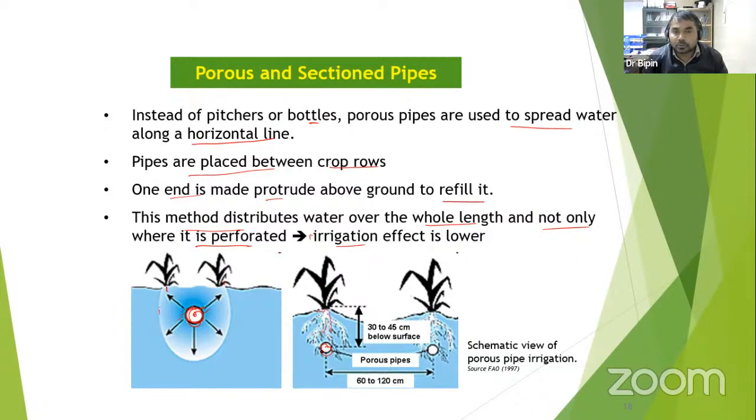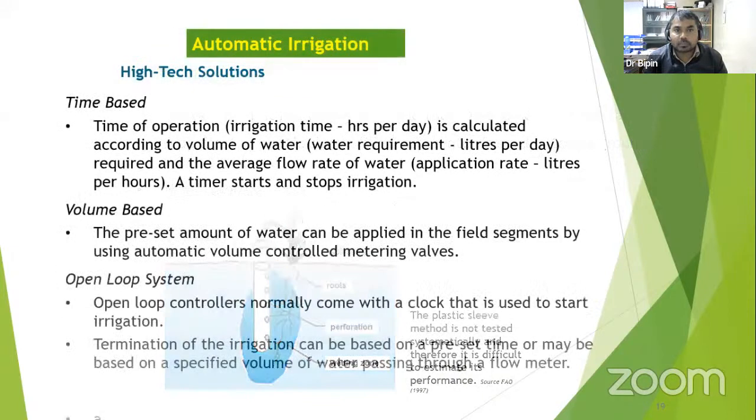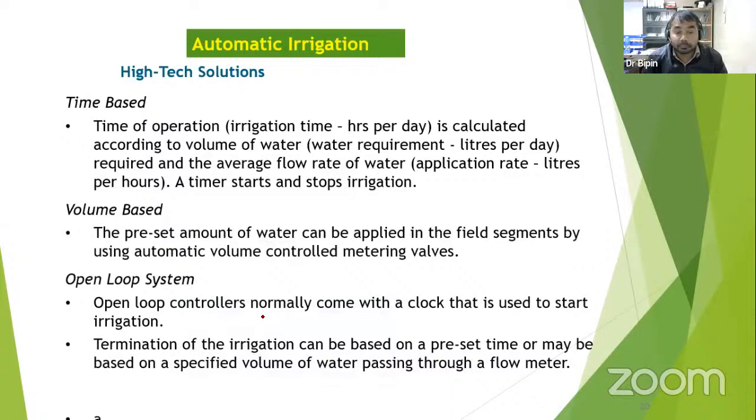So your roots will benefit from this water. You are not applying water here, you are applying inside this porous tube, and the water is seeping from here, making it available to the plant. Even a plastic pipe you can just put here on the side. This is also one of the manual methods.